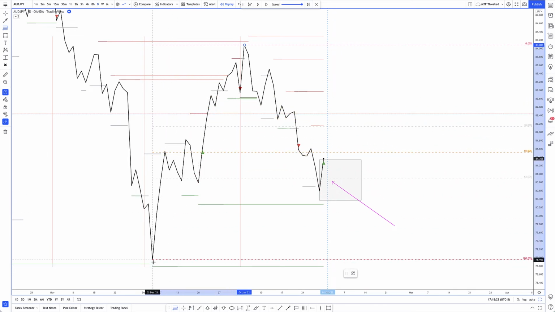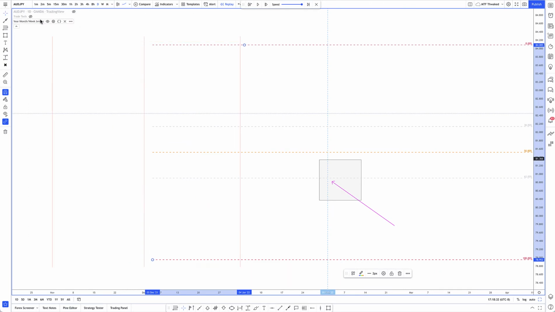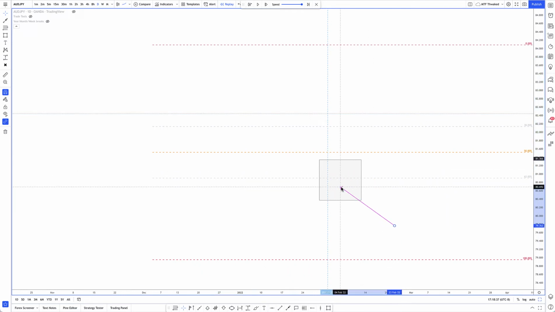Here it seems like the lowest point is over here, and let me just switch off everything else, just keep the range. If you look at this range, this was our order block, and when we drew the range, this is the high of the range and this is the bottom of the range.